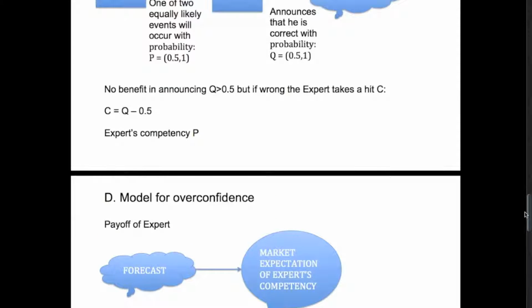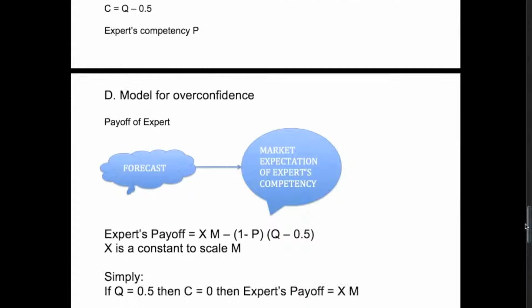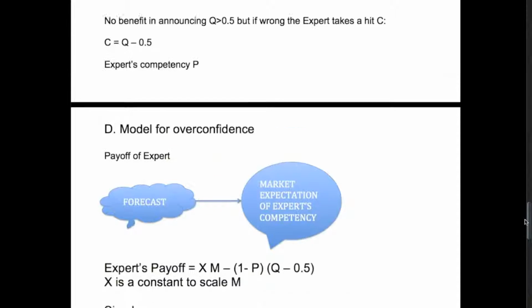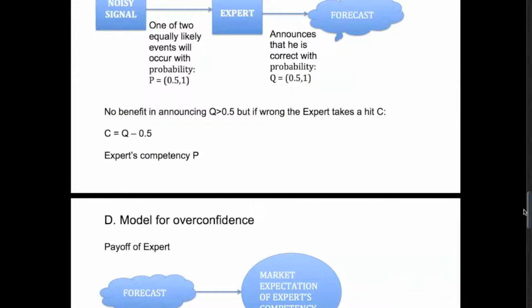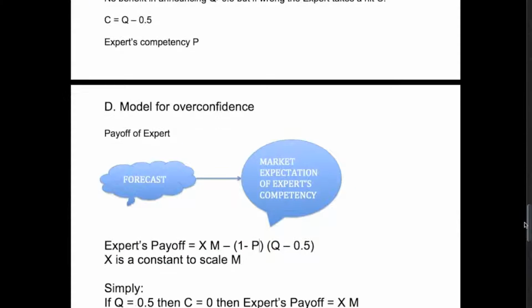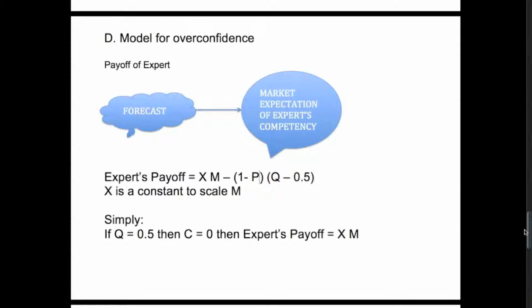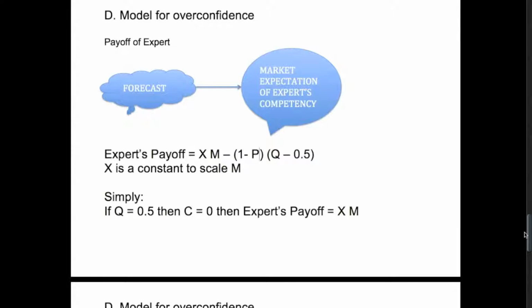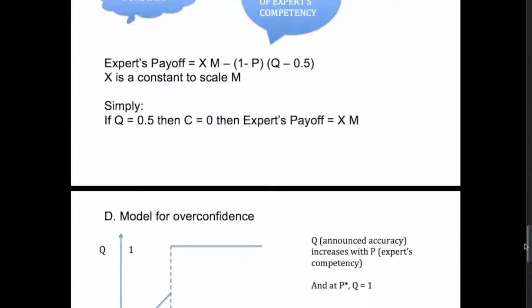Q is the probability by which he announces how confident he is in his forecast. Looking at the formula, we can clearly say that if Q is equal to 0.5, then C is equal to 0. So the expert's payoff is just what the market believes his competency is.